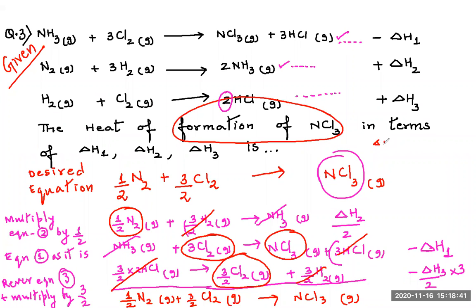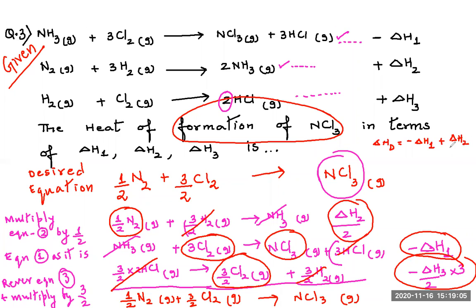Delta H desired, we have to add all of these. Adding this and this, all of these. Final answer is delta H1 negative plus delta H2 by 2.